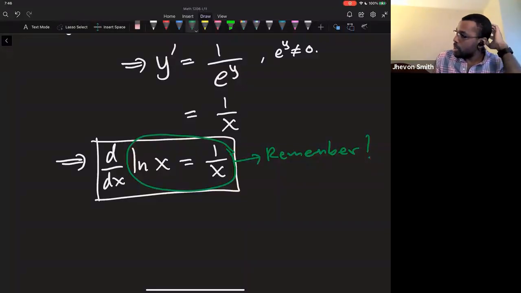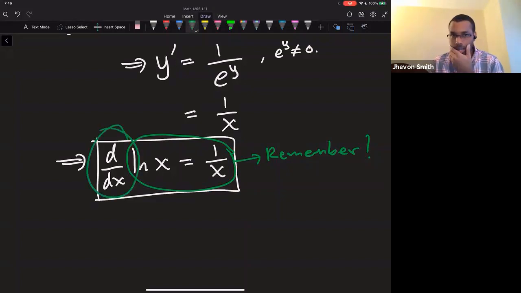And so they make a lot of mistakes because of that. There are times when they have the log of something and they would just rewrite it as 1 over the thing, when that's not true. You have to be differentiating for that to work. And so not memorizing the d dx in the formula actually causes them to make mistakes. Don't let that be you.